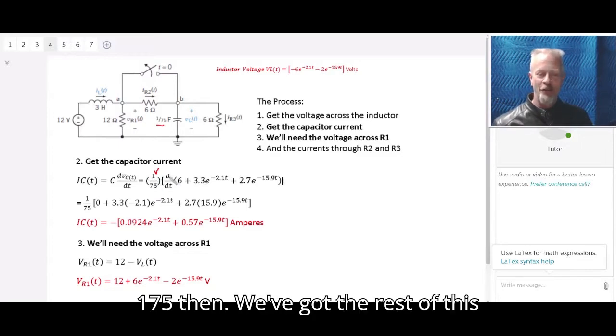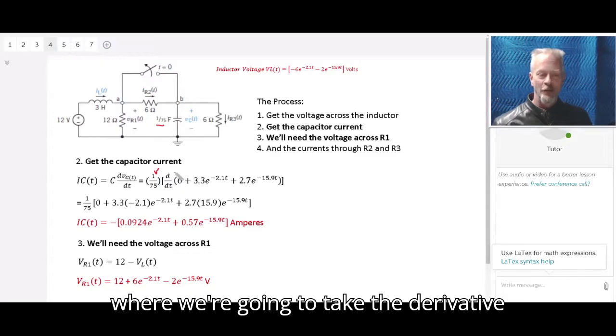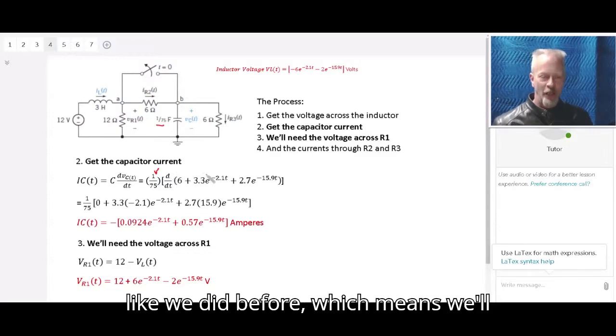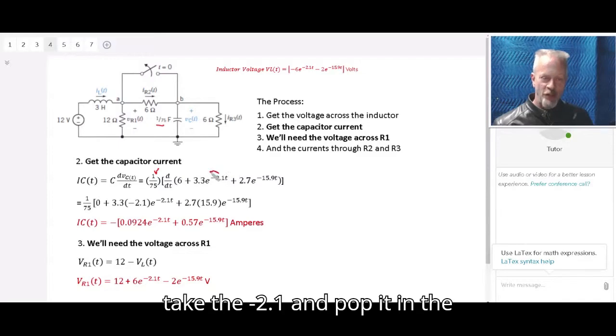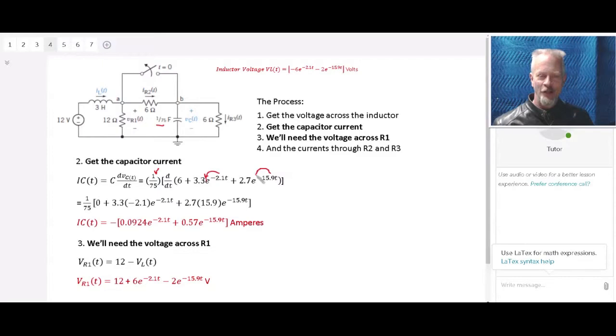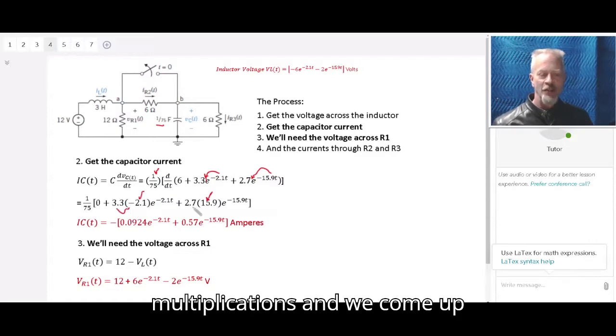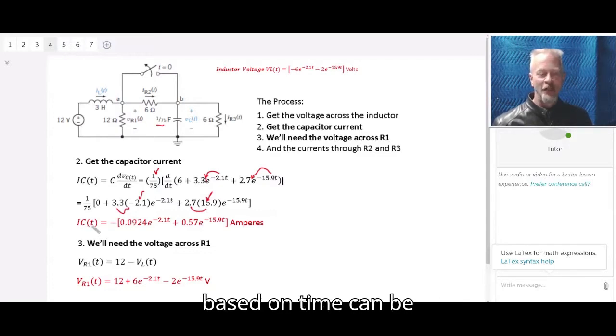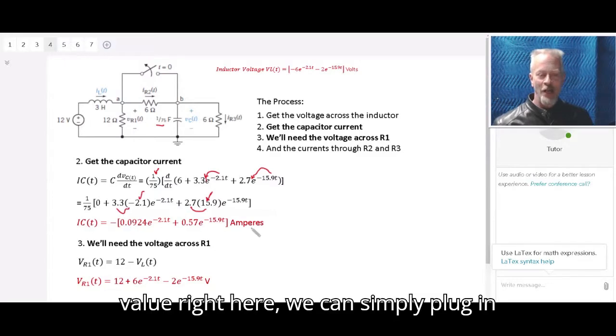1/75, then we've got the rest of this where we're going to take the derivative like we did before, which means we'll take the minus 2.1 and pop it in the middle here, and we'll take the minus 15.9 and put it right in there as we see here and here. We'll do our multiplications, and we come up with the capacitor current based on time, which can be calculated as this value right here.